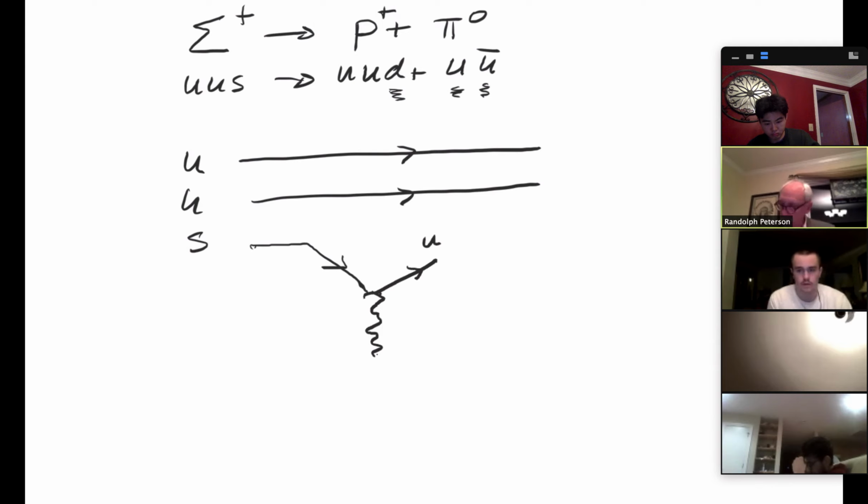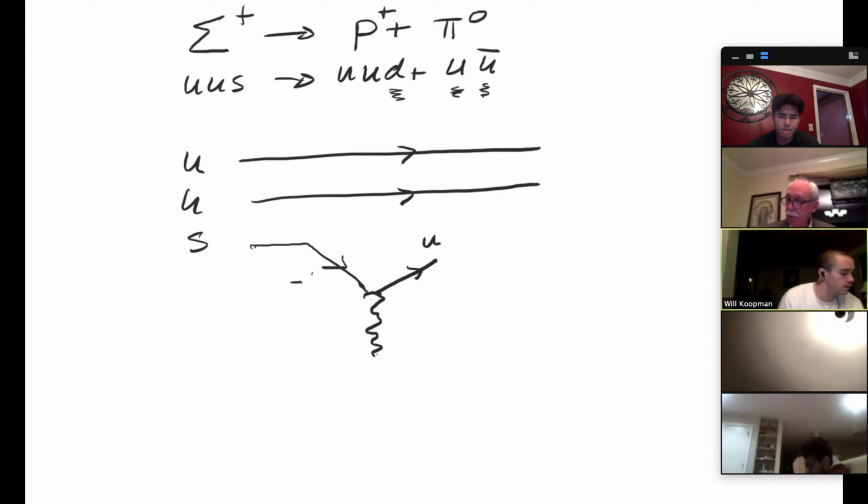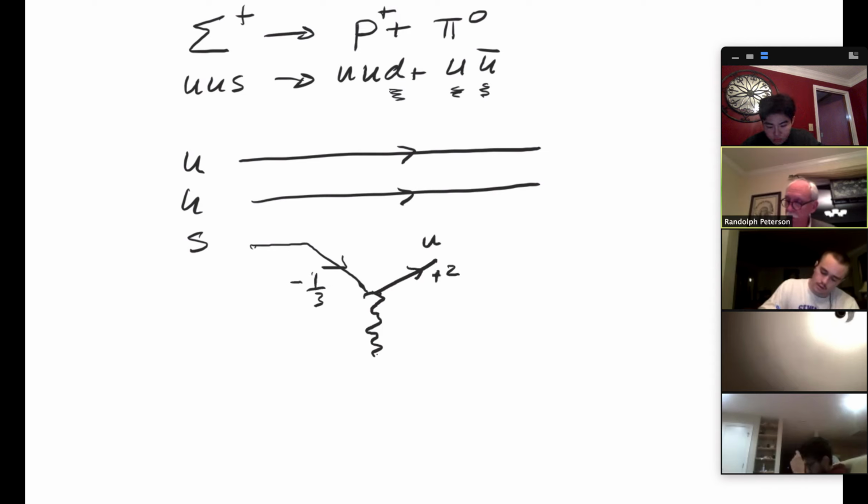Goes in, goes out. What's the charge change on it? The charge would be -1, right? What's the charge on the S quark? -1/3. And the U quark is +2/3. So the W minus, doesn't it?